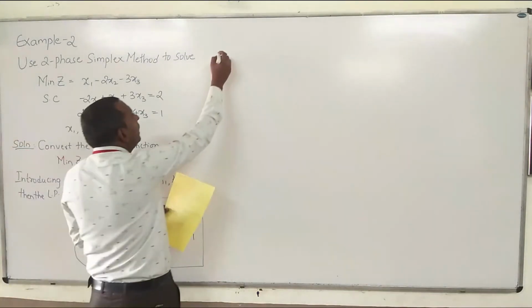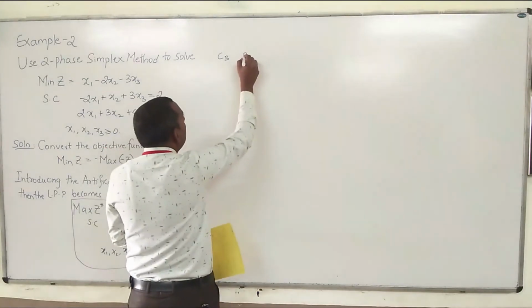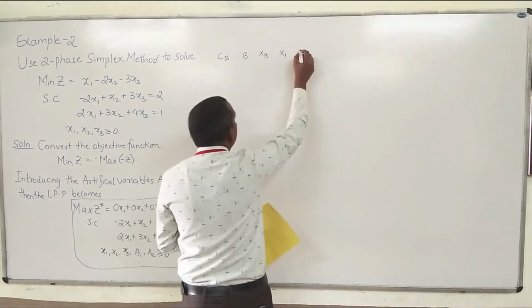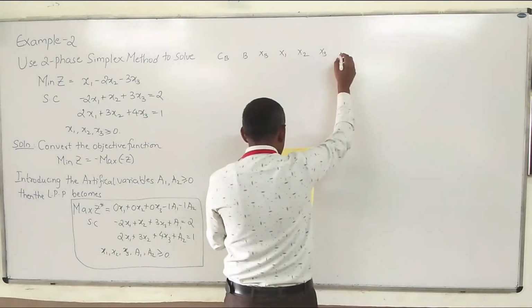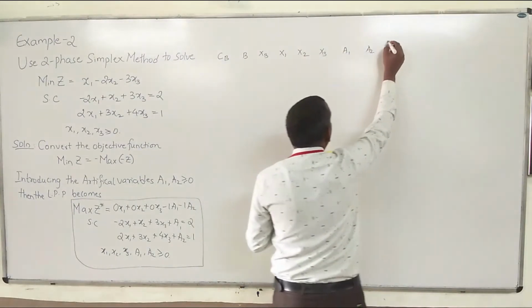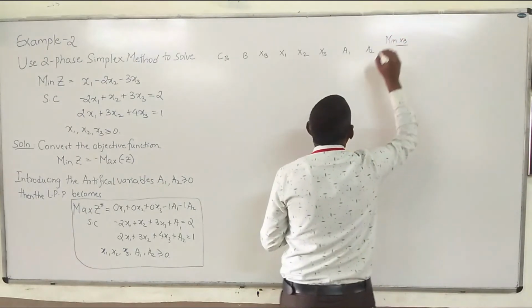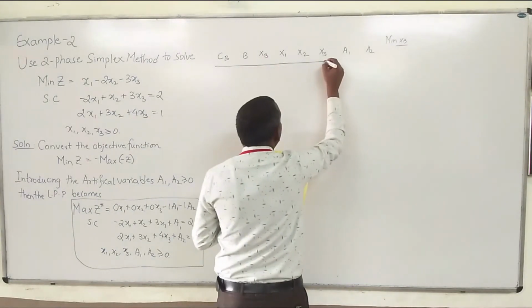Let me write the simplex table: CB, then B, XB, X1, X2, X3, A1, A2, and then the minimum ratio XB over the entering column.